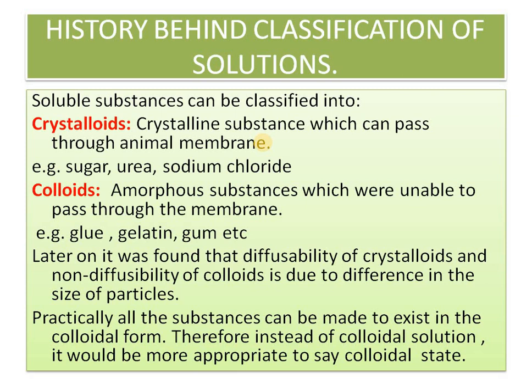Crystalloids means crystalline substances which can pass through animal membrane, which is made from fat. Solutions of crystalline substances like sugar, urea and sodium chloride easily pass through this membrane, so they were termed crystalloids. Similarly, amorphous substances which were unable to pass through the membrane were termed colloids.